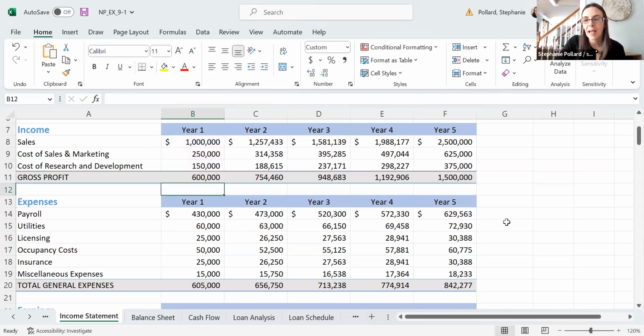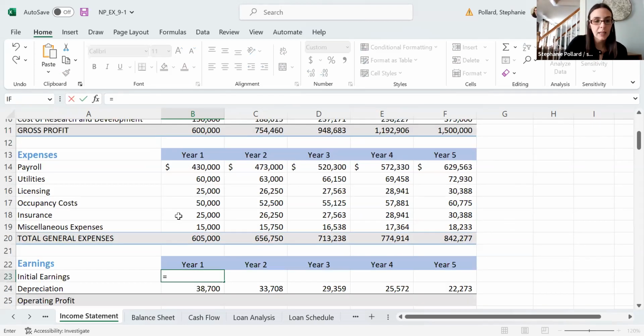So my initial earnings are going to be equal sign, my gross profit of 600,000 minus my total general expenses, right?